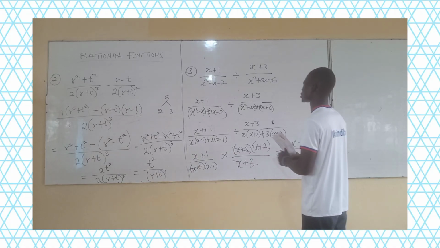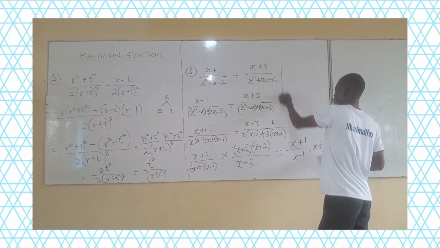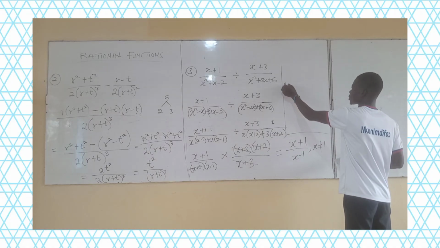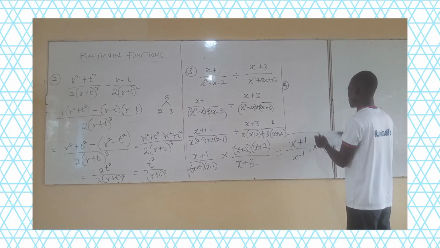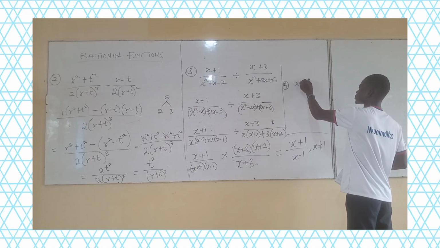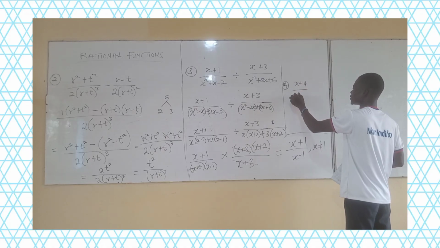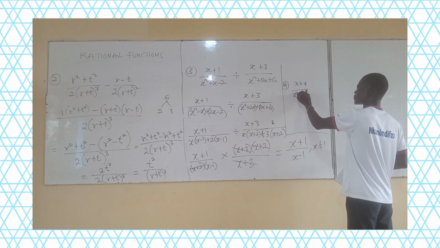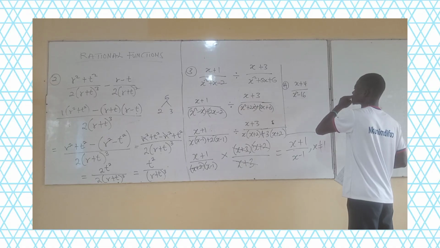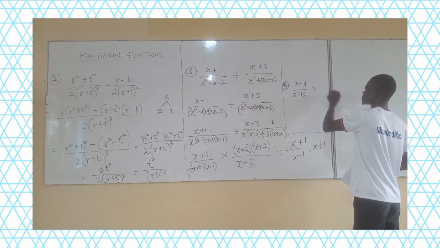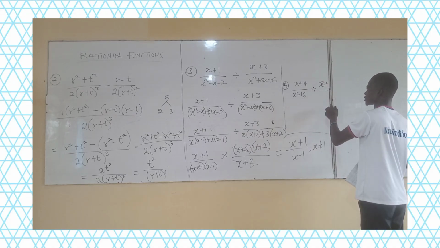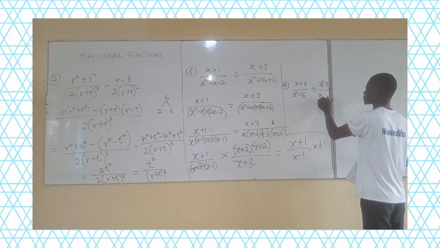So on this note, let's look at how to solve this problem. x plus 4 divided by x squared minus 16, divided by x squared minus 9 over x minus 3.